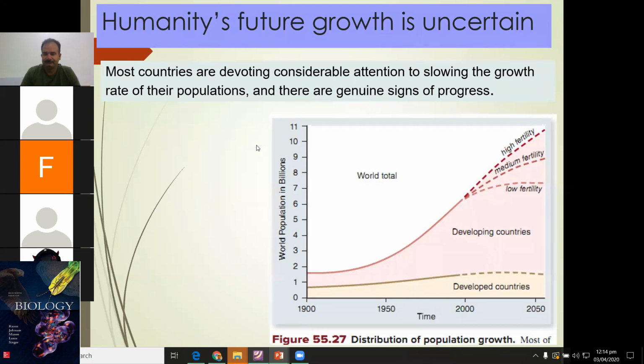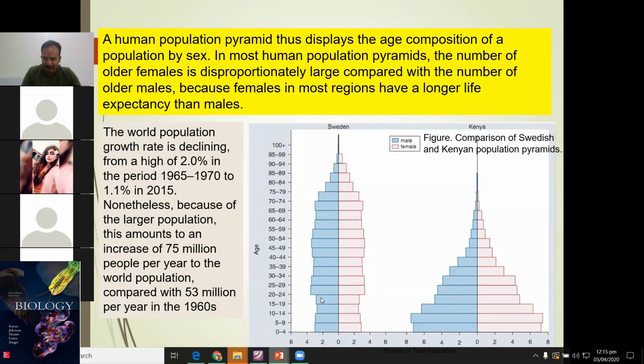Sir, these pyramids of Sweden, please repeat them. In Sweden, the population less than 20 years shows a decreasing trend as compared to adults. You can observe the difference between the individuals, that is 3, and in adults it is about 4.